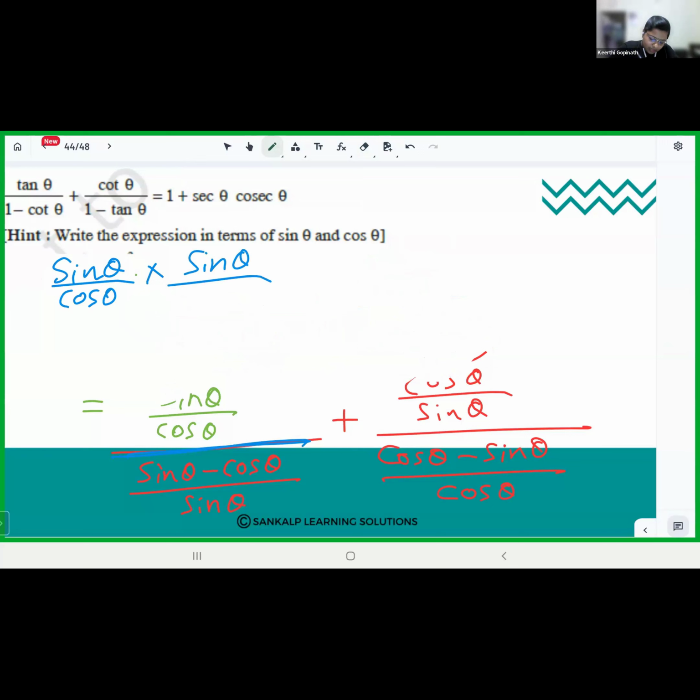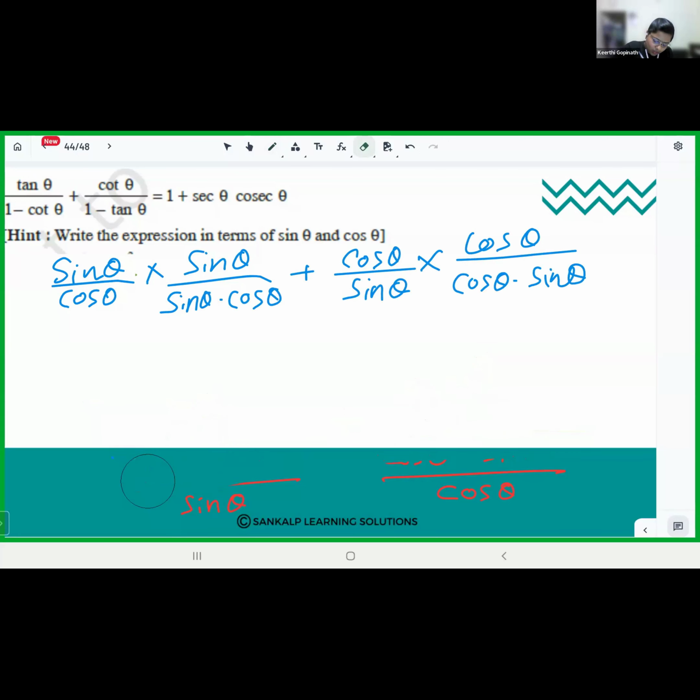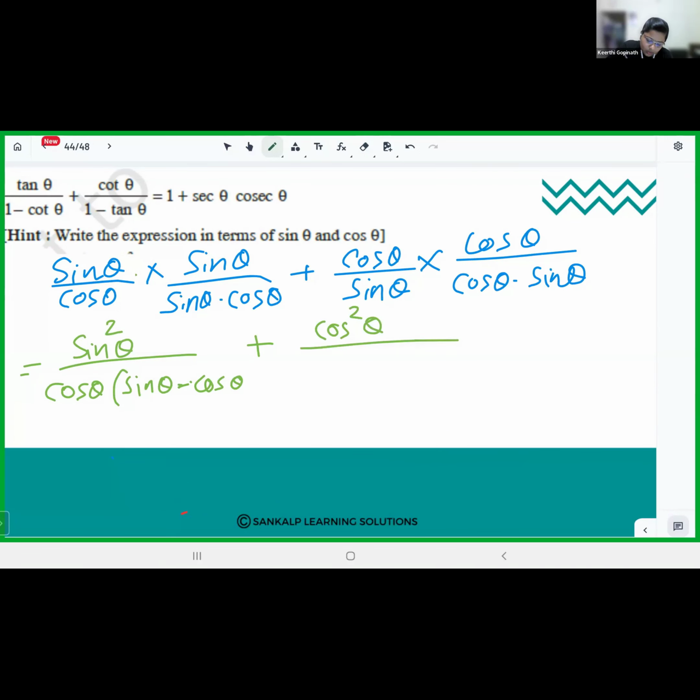So sin theta by cos theta into sin theta by sin theta minus cos theta, plus cos theta by sin theta divided by cos theta minus sin theta by cos theta, and its reciprocal. Now you can multiply this: sin square theta divided by cos theta into sin theta minus cos theta, plus cos square theta divided by sin theta into cos theta minus sin theta.